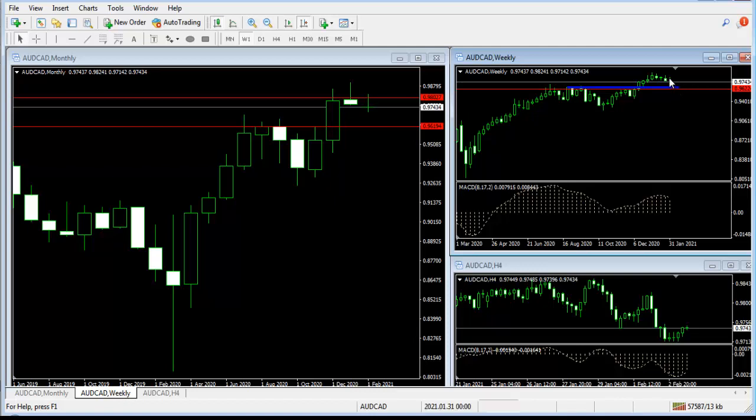Okay, and even if it does move down, we still wait for confirmation on the 4 hour to take any trades. At the moment, if we did trade this, we see this movement here on the 4 hour, that small movement on the month, and that little movement on the 4 hour.